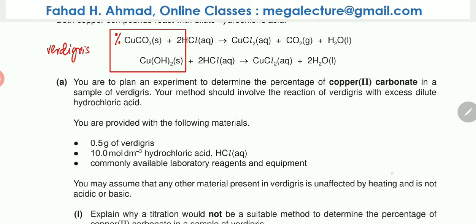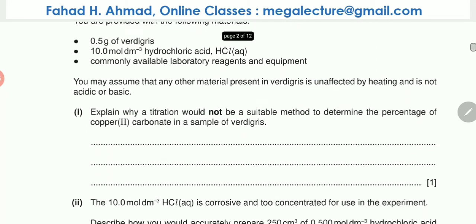The impurities are unaffected by heating, so when you heat the verdigris, nothing happens to them. And they're neither acidic nor basic. So when you react verdigris with acids or bases, it's the copper compounds that play a role, but the impurities are not going to do anything. So let's move on. Not much there.